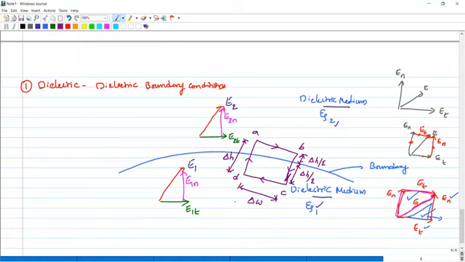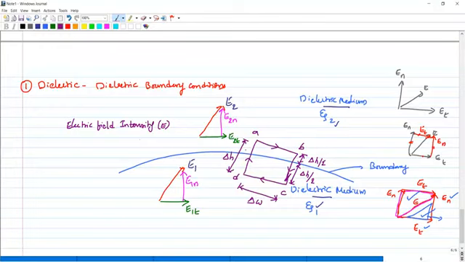So this is the schematic diagram for analyzing the electric field intensity, capital E, in two different dielectric mediums.